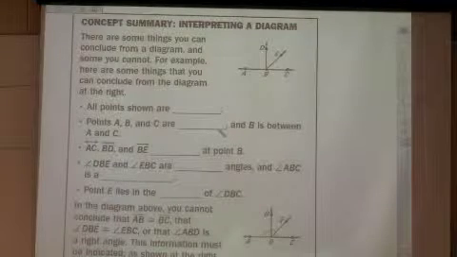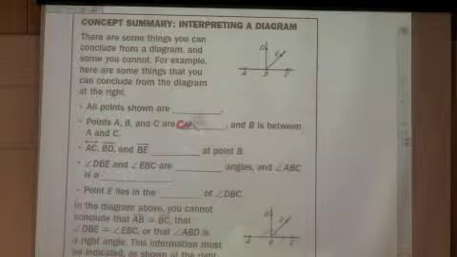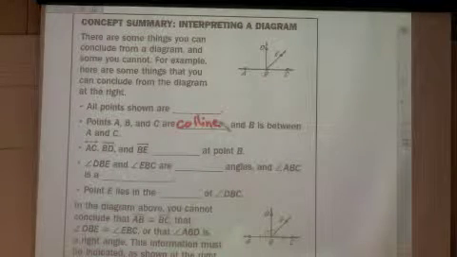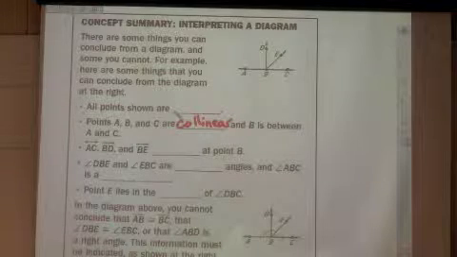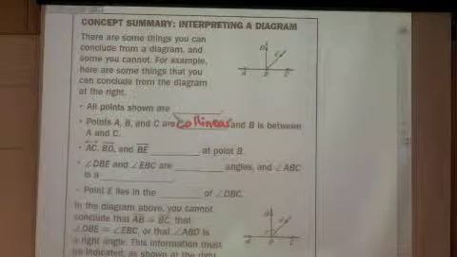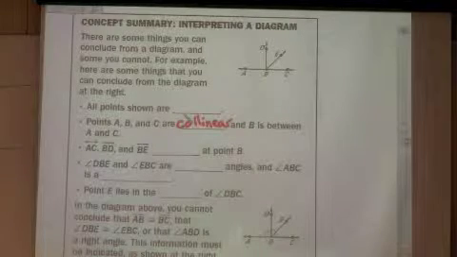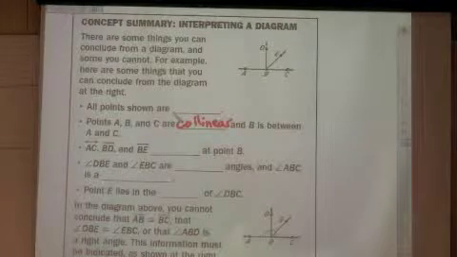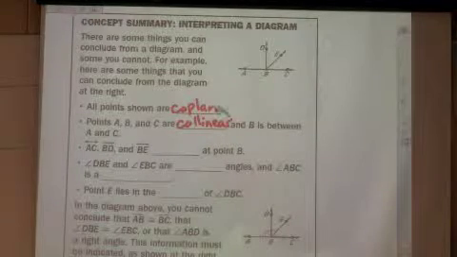They're with each other on the same line. Collinear. All points shown are coplanar. Excellent. Okay, they're on the same flat sheet of paper.